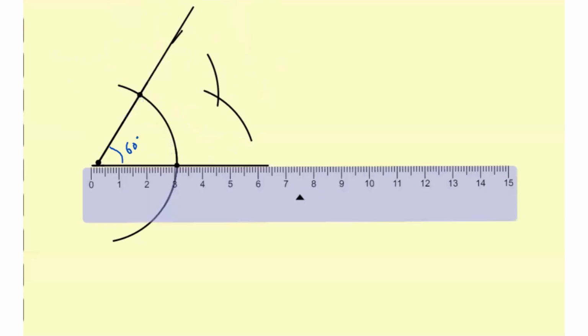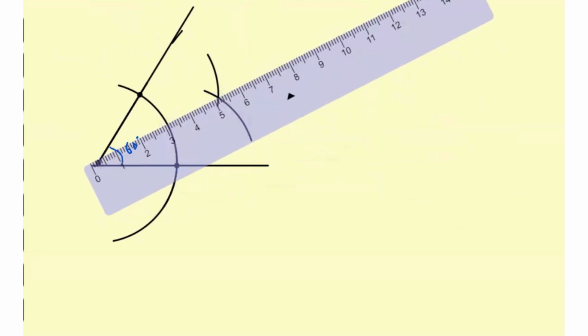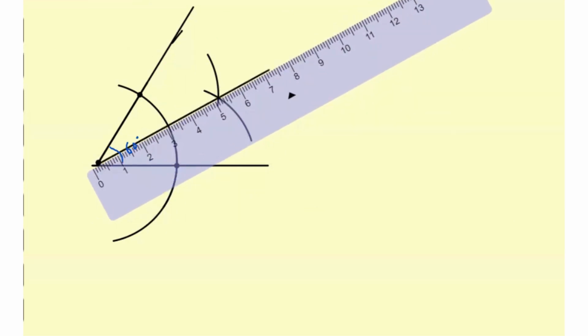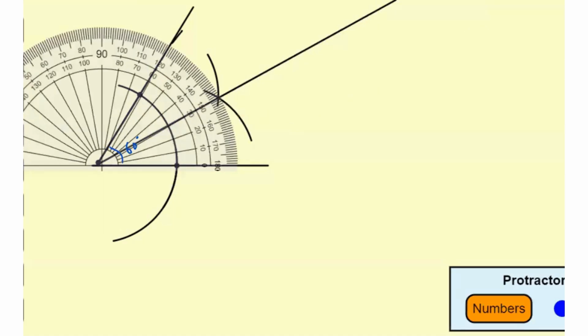Now we're going to connect the intersection with the center. This line passes exactly through the intersection of the arcs. When we measure the angle over here, it's exactly 30. It's half of 60. So this line is your angle bisector.